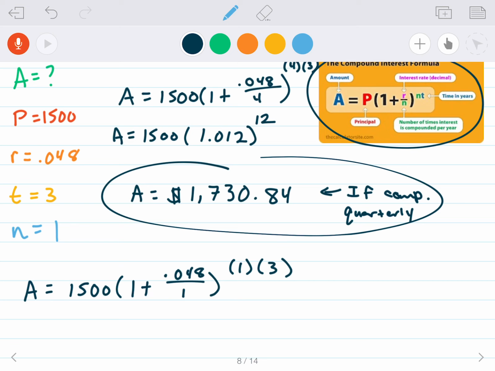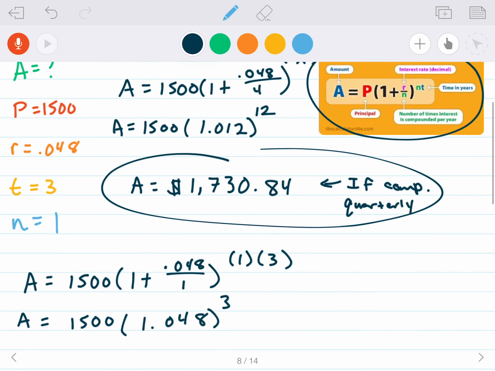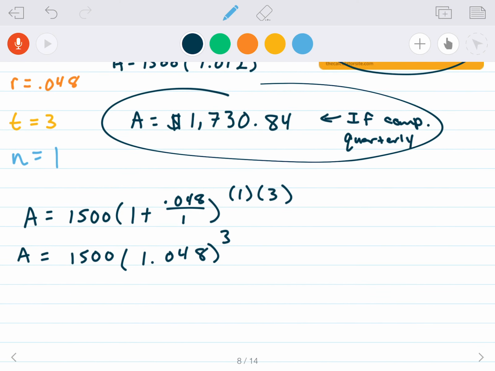This is 1.048 all raised to the 3. Doing the exponent first, 1.048 to the third, I get about 1.15 times 1,500. That gives us an amount of $1,726.53. So this is if we compound it annually.